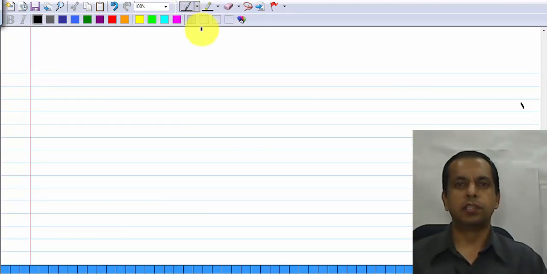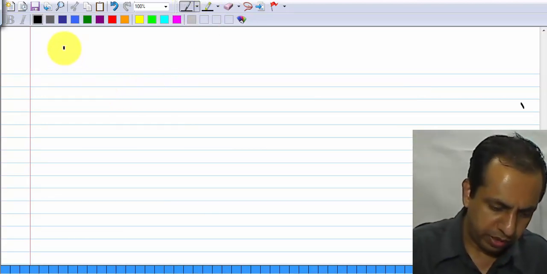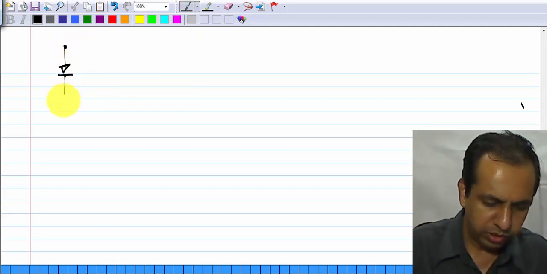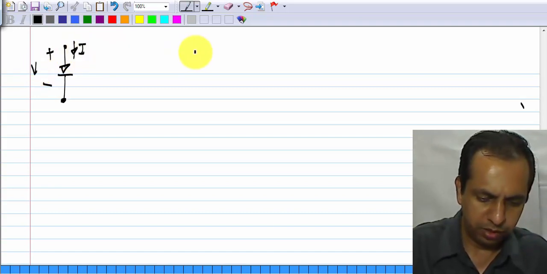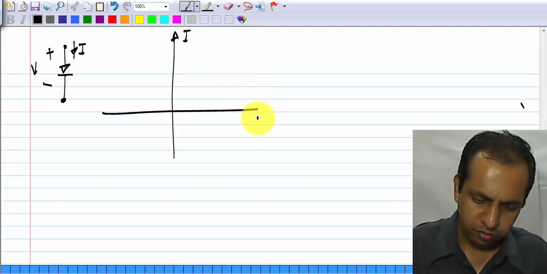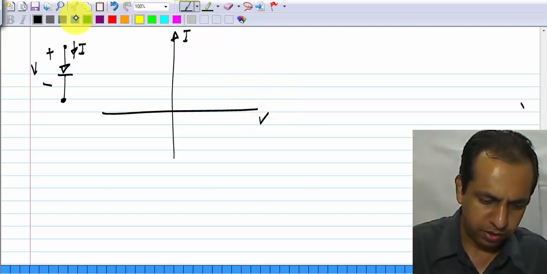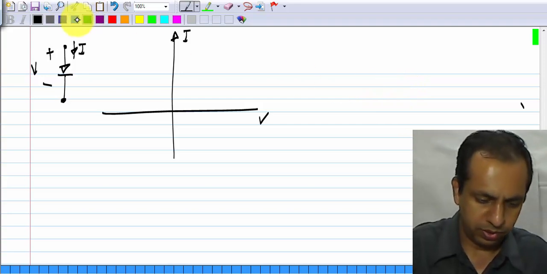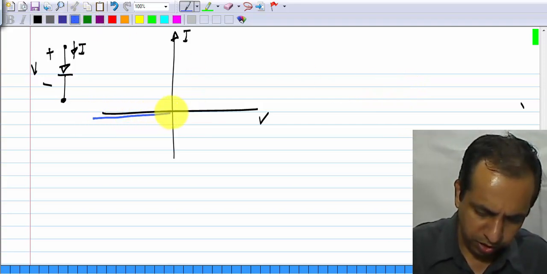Now, one more thing is, let me again take the example of a diode, or you could consider any other one port element or a two terminal element. We have the plot of current versus voltage, and we know that for a diode it is something like that.